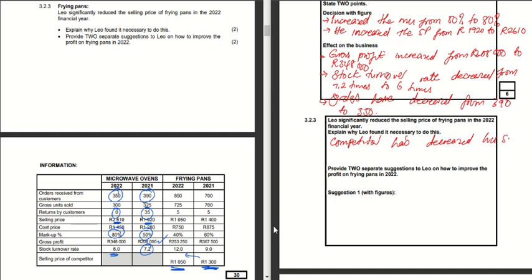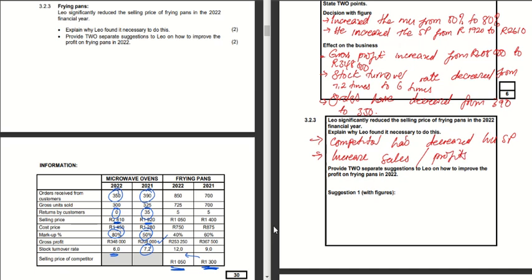And it could be that Leo has decreased his selling price in order to increase sales, which eventually leads to an increase in profits. That could be the other reason.